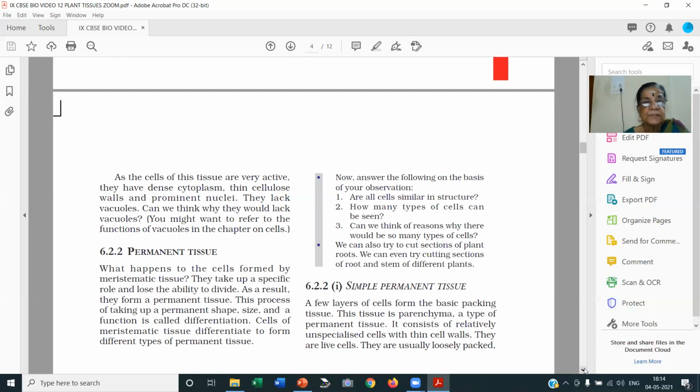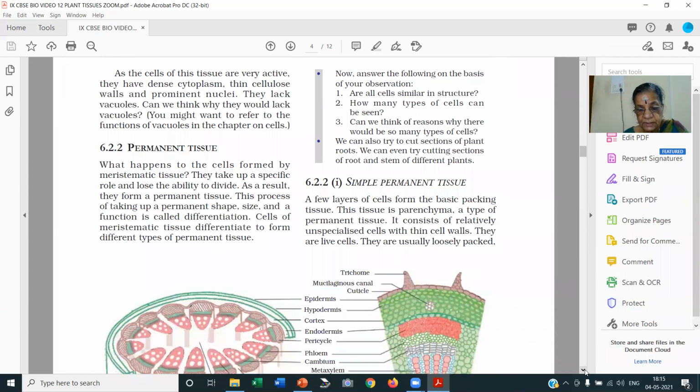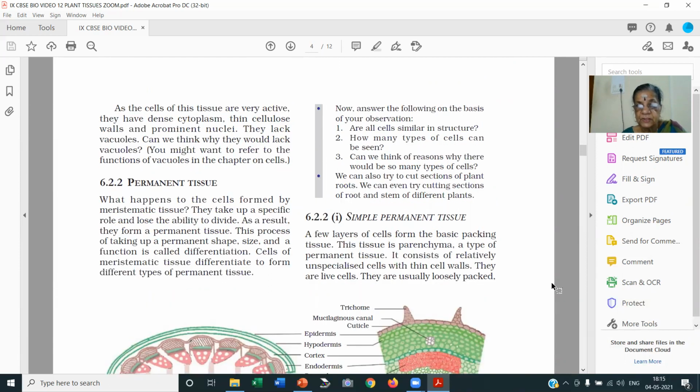The process of taking up a permanent shape, size, and function by the meristematic tissue is called differentiation. It is very important in plant processes, right? Cells of meristematic tissue differentiate to form different types of permanent tissues. I hope you understand.